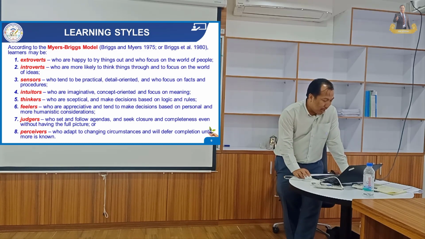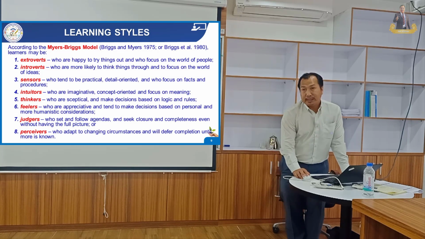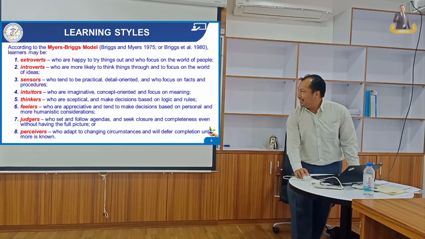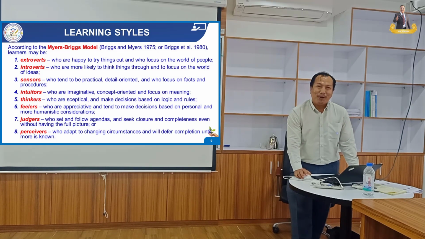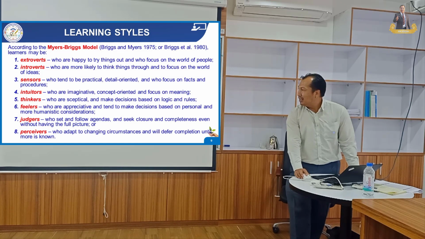Number 5 is the thinker, who is skeptical and makes decisions based on logic and rules. Like a scientific learner, they make decisions based on data collection or things they get from observation or from searching.